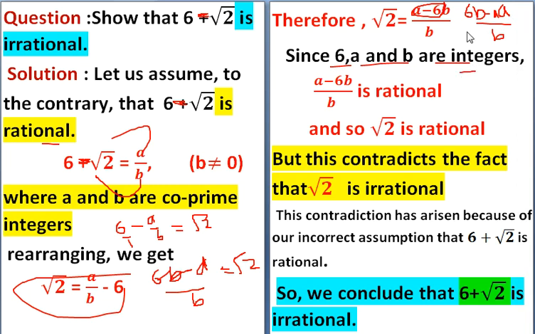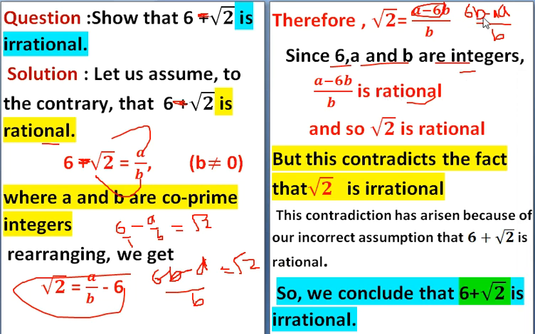And 6b minus a by b will be rational, because it is in the form of p by q, and we know that if any value is in the form of p by q, then that value is rational.